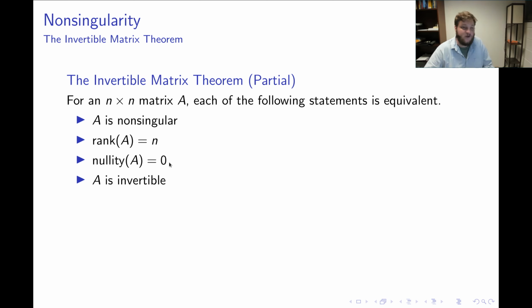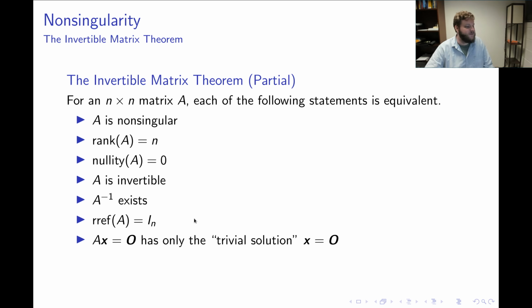This is also, as we've seen, the same thing as saying our matrix is invertible. When we say our matrix is invertible, that's the same thing as saying that the inverse exists. If the inverse exists, as we saw in our algorithm, that's the same thing as saying that the reduced row echelon form is equal to the identity matrix.